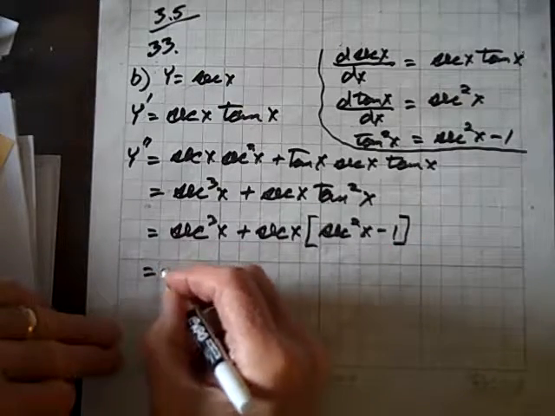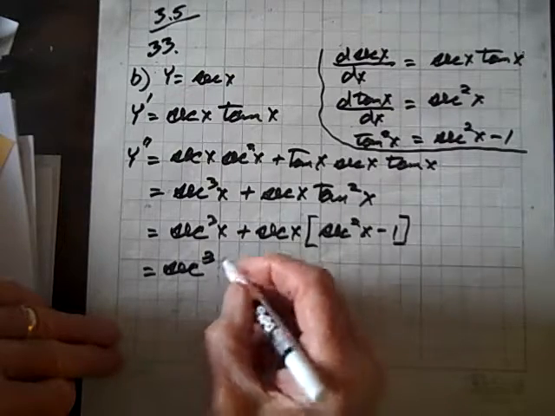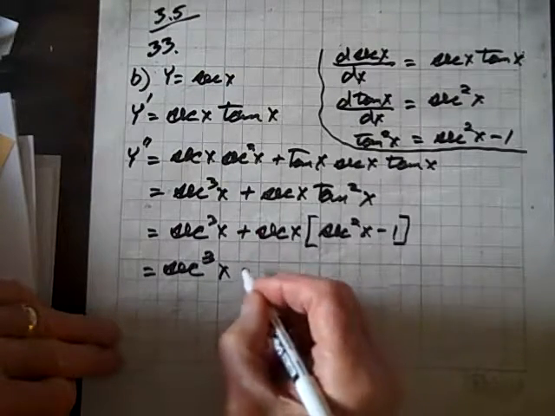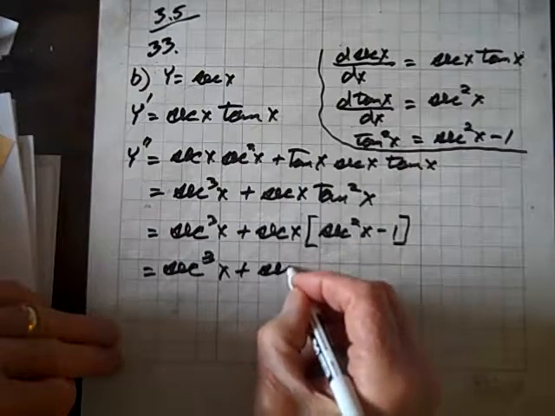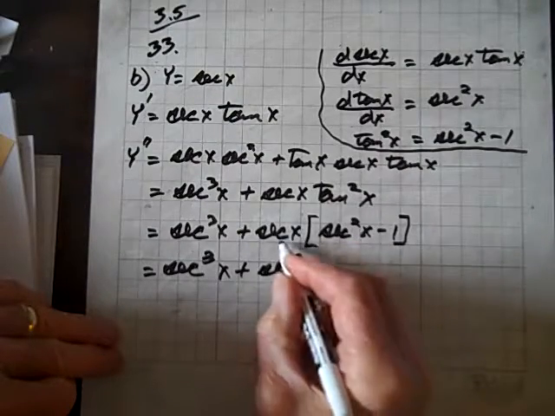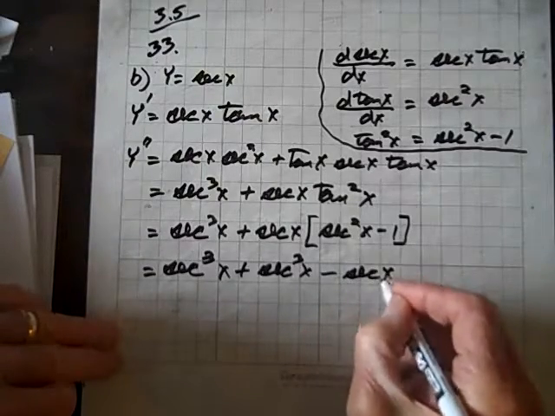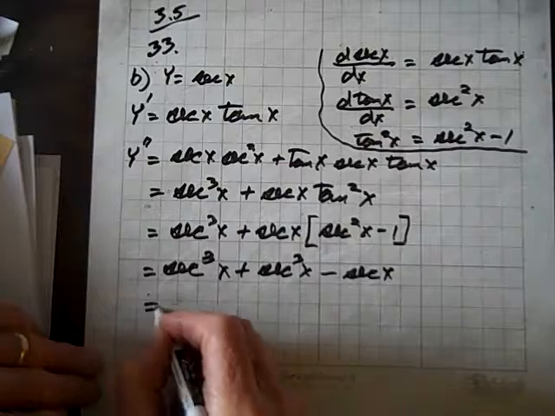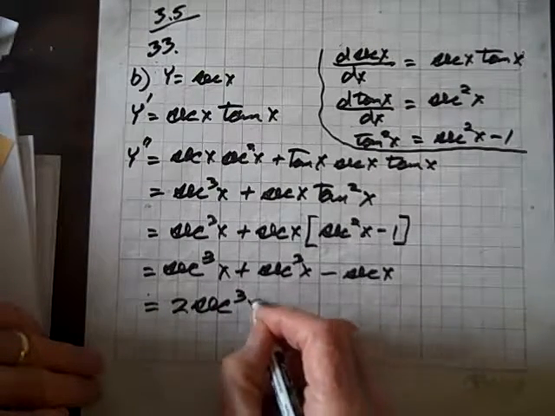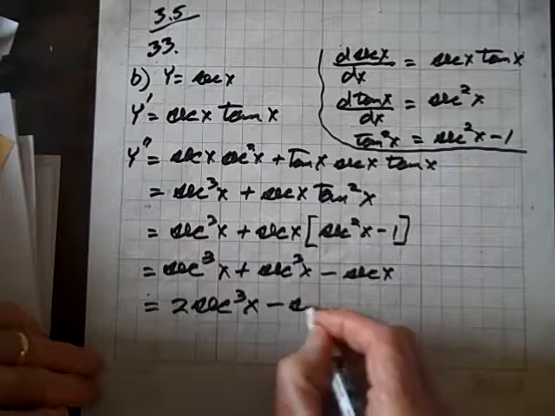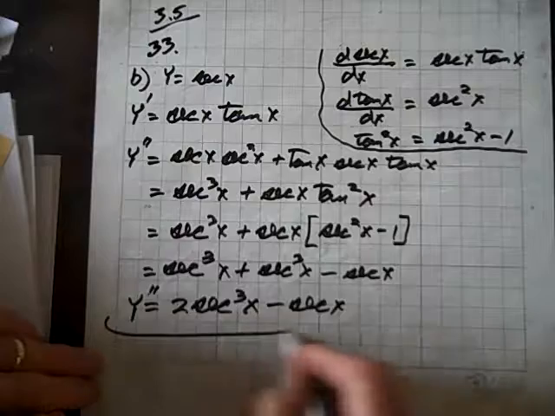So now we have secant cubed of x plus, and secant of x times secant squared of x is secant cubed of x, and secant of x times negative 1 is negative secant of x. So it looks like we have 2 secant cubed of x minus secant of x, and that's y double prime, and we're done with that.